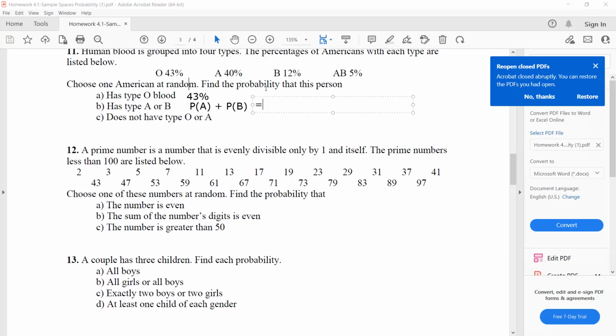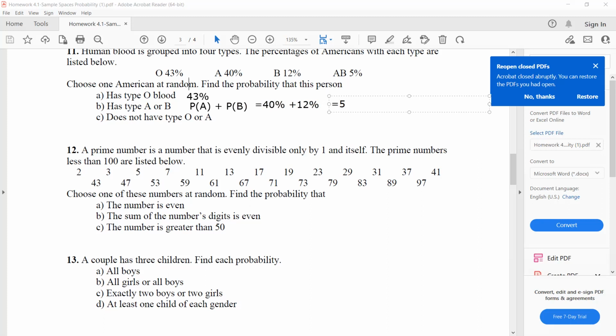AB is a type of its own, so she would have had to tell you. So this is 40% with type A blood, and B is 12%, which gives us 52% altogether.